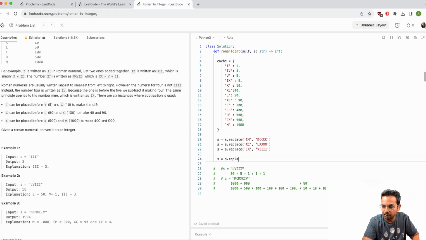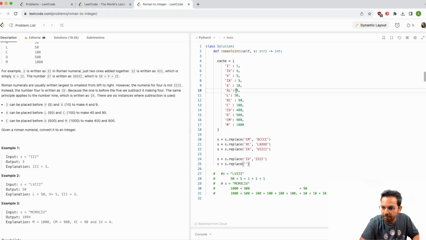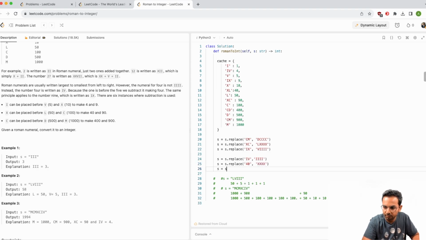Now let's take care of the 4s. IV would be replaced by I I I I. Then s equals s dot replace XL, which would be replaced by X X X X. Ooh, did I just write 40 here?